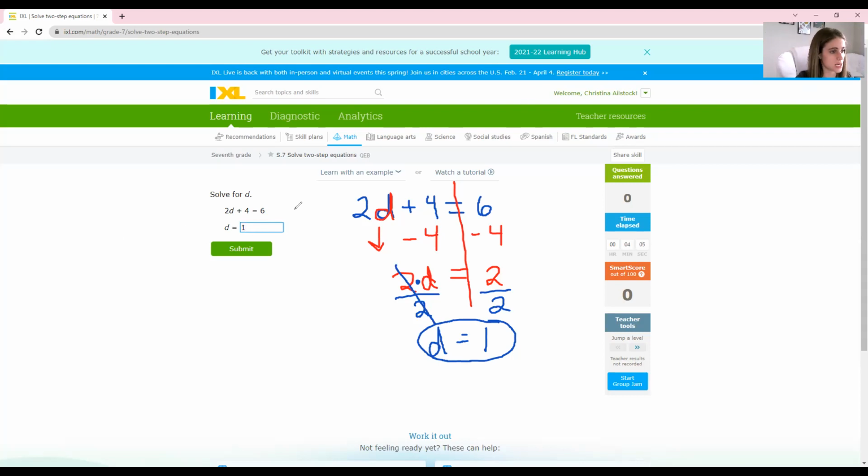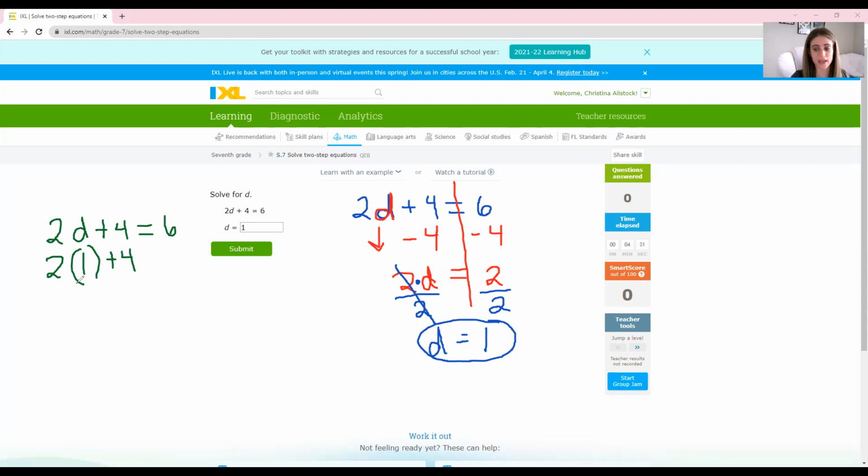I will change to green and we'll do that over here on the left. So 2d plus 4, and it is supposed to equal 6. We solved this and we said d was equal to 1. So we're going to substitute, we're going to put 1 in for d and see if we in fact get 6. I'm not solving an equation. I don't have any variables anymore.